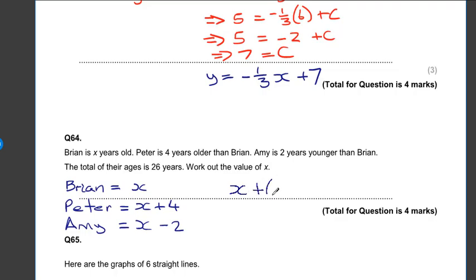X plus 4 plus x minus 2. The reason I'm putting in brackets is so that you know they're the 3 separate ages. You don't have to do that. 1, 2, 3 x's. That implies 3x. 4 minus 2 is 2. So it's plus 2.